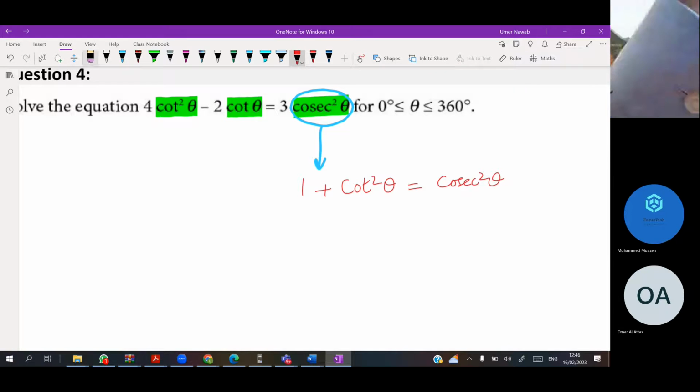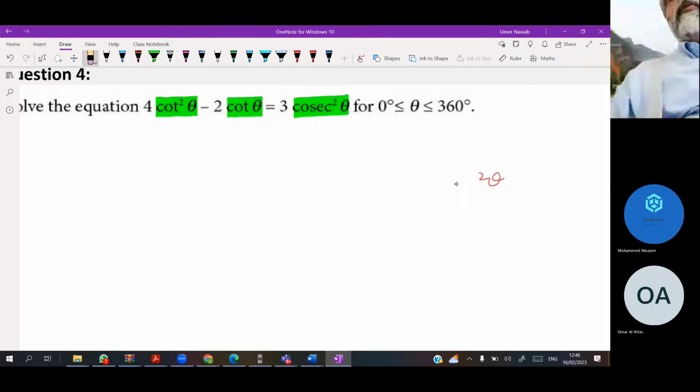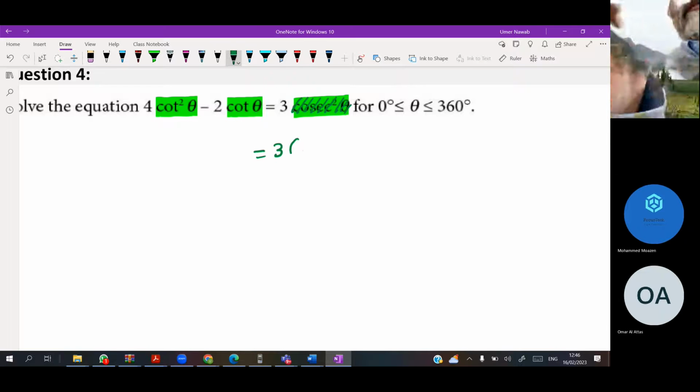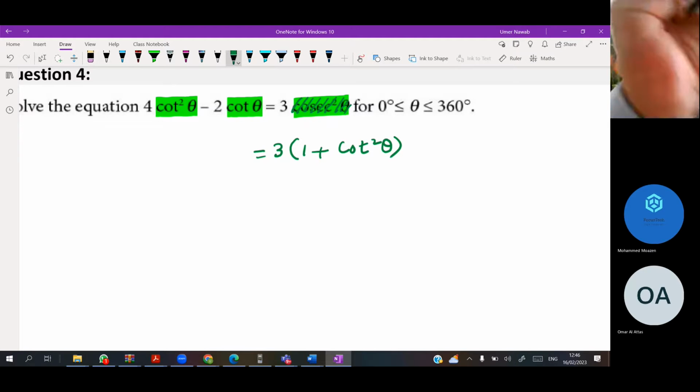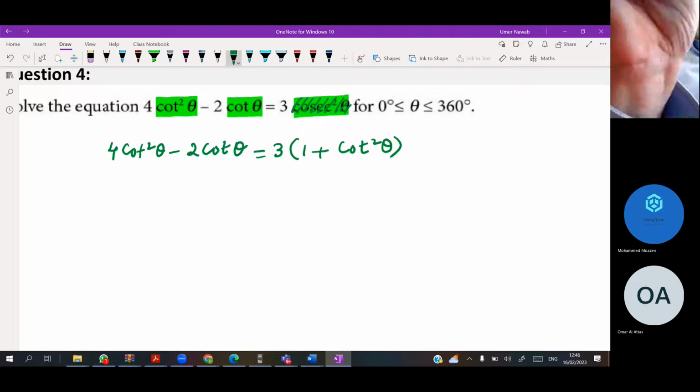So I'm going to remove cosecant squared, and in place of cosecant squared, I will write 1 plus cot squared theta. And here I keep 4 cot squared theta minus 2 cot theta. Any question?